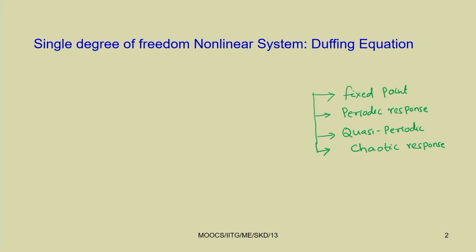And this response we can characterize by using the time response plot. That means we can plot this response, for example, the response is x, so x(t) versus t. This is the time response, or we may plot the phase portrait.